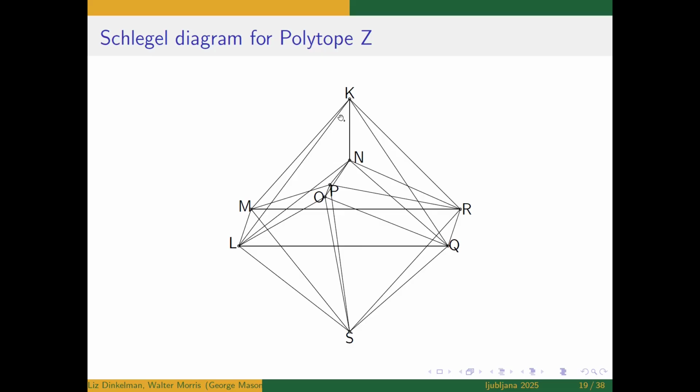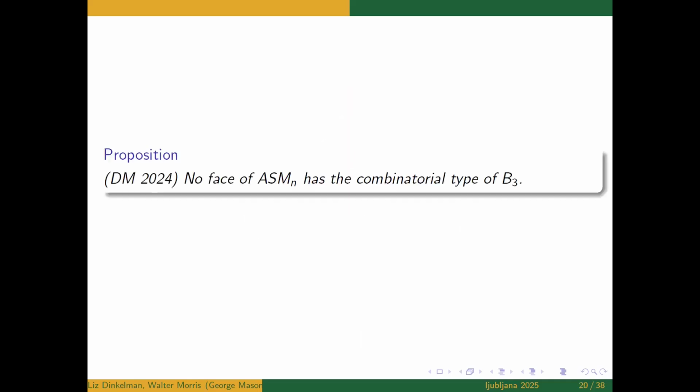One of them is this outside, KMLSQR, that forms an octahedron. And the other has vertices N, O, P, Q, R, and S. But notably, no face of ASM sub n has the combinatorial type of B3.